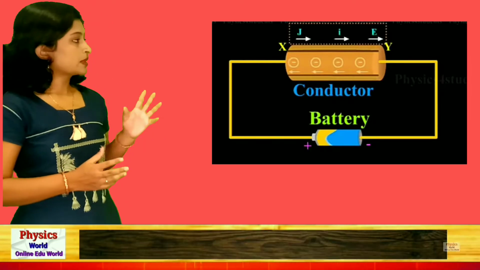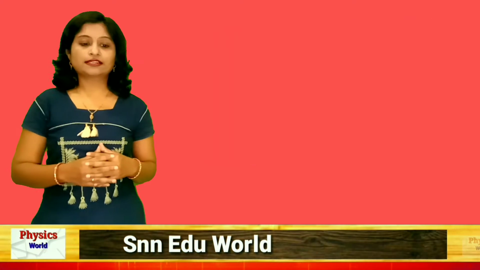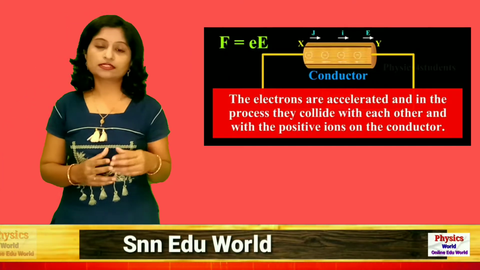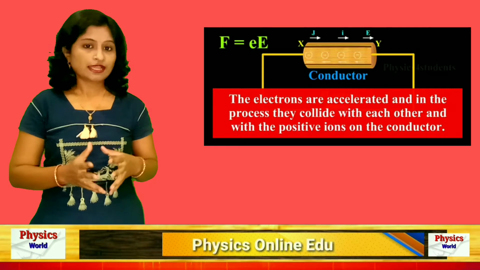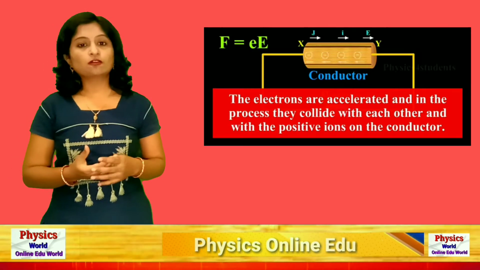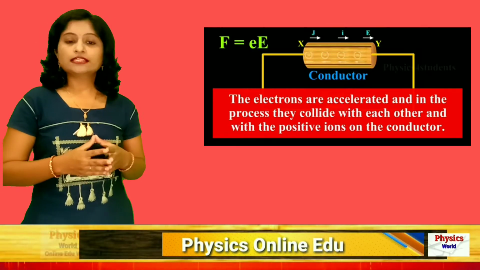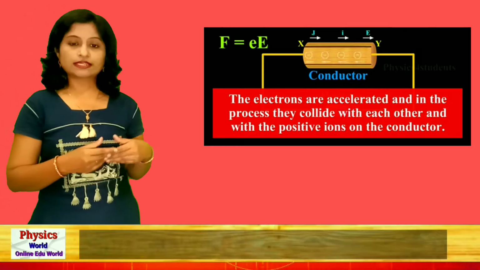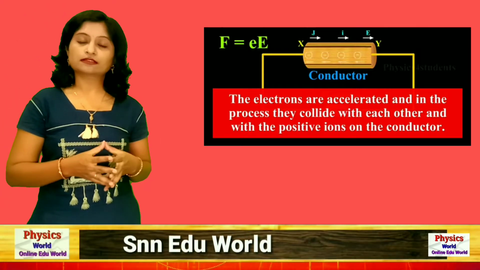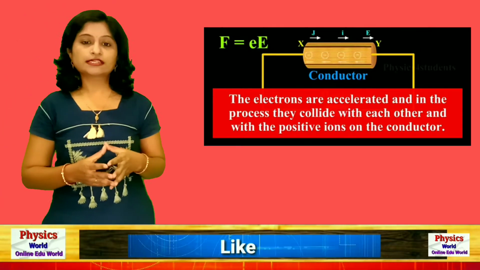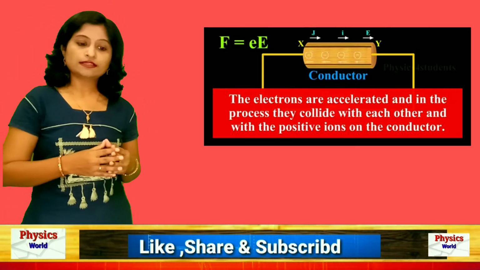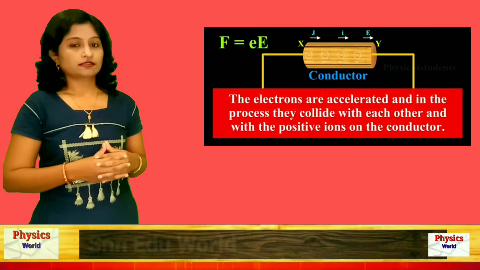So see here. When the electrons are accelerated due to this positive and negative terminal field being applied, the electrons get accelerated, and in this process they are colliding with each other. Their acceleration means they are gaining speed, and due to this increased speed they will collide with each other and with the positive ions of the conductor.